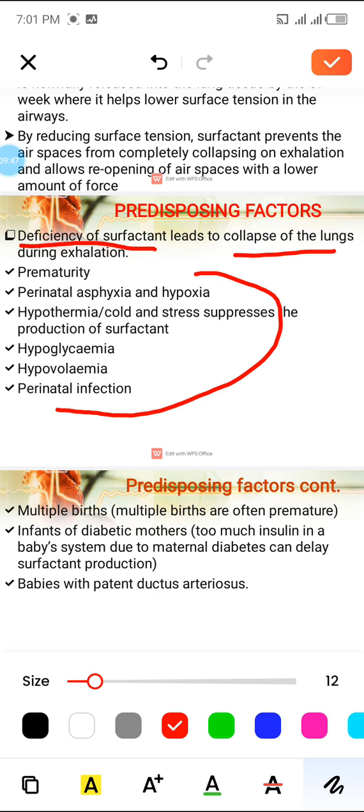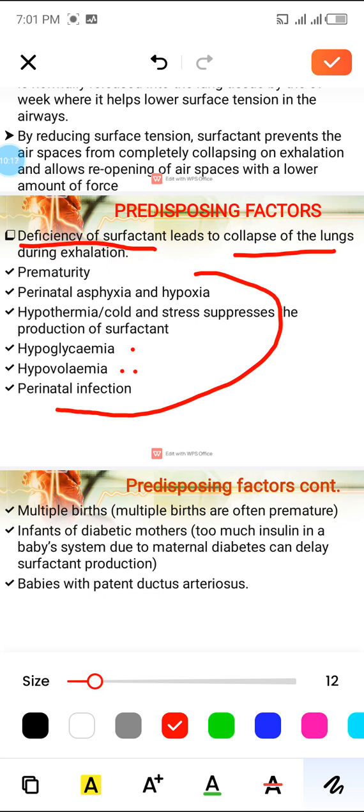So even just keeping the baby exposed to the cold can reduce surfactant production. So even hypoglycemia, when the child is hypoglycemic, you expect the child to have a reduction in surfactant production. When you go to this point here, which is hypovolemia, we expect the same. Hypovolemia, we're looking at a reduction in the fluids, okay, in the blood or in the blood vessels, a reduction in the blood volume.